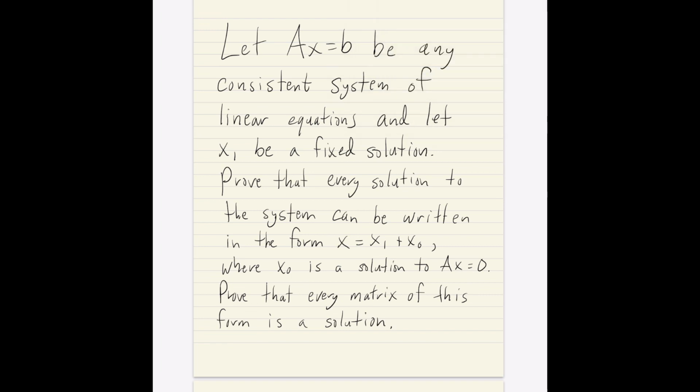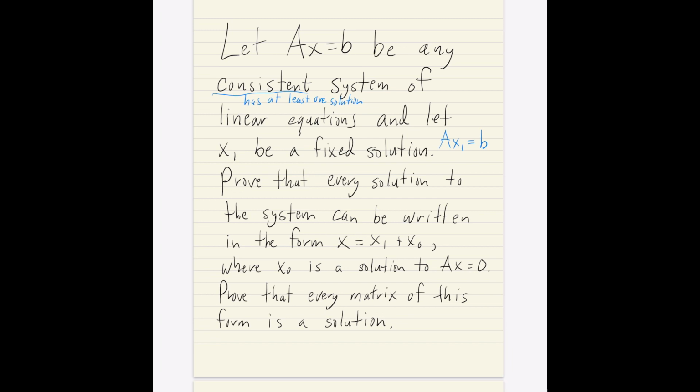Okay, so reading this problem, let Ax equals b be any consistent system. What does consistent mean? Consistent means it has at least one solution. Ax equals b be any consistent system of linear equations, and let x1 be a fixed solution. So that means that A of x1 is equal to b.